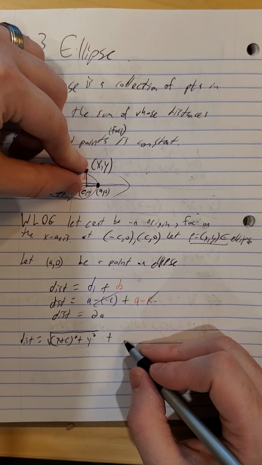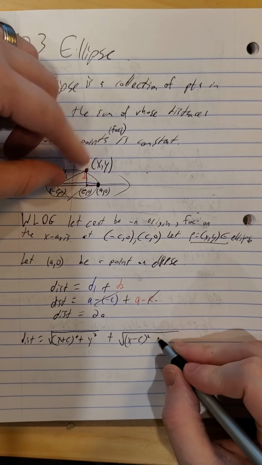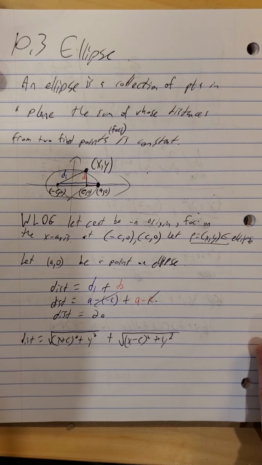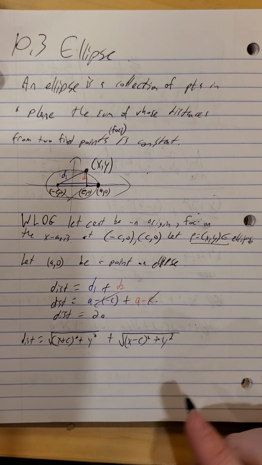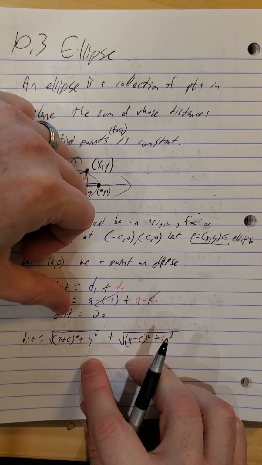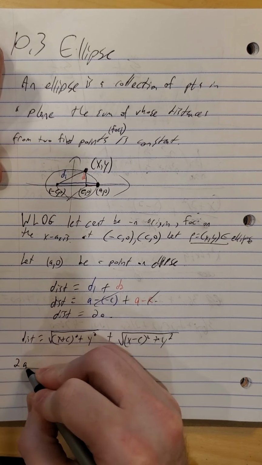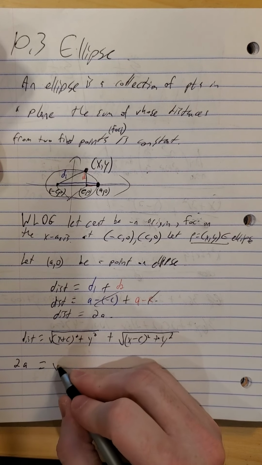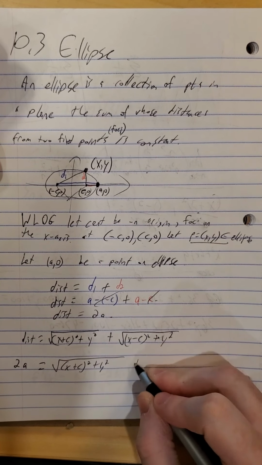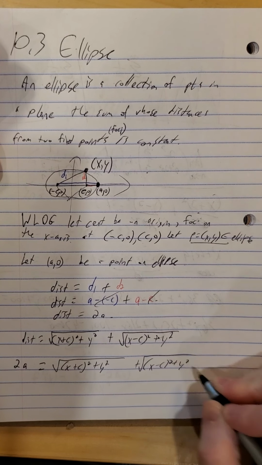Distance 2 is the square root of (x minus c) squared plus y squared. So then by substitution, since this total distance is a fixed quantity, 2a would have to equal the square root of (x plus c) squared plus y squared plus the square root of (x minus c) squared plus y squared.